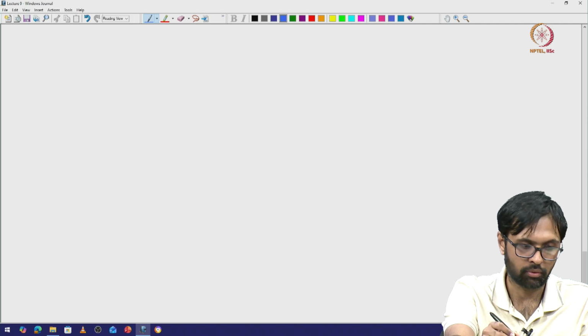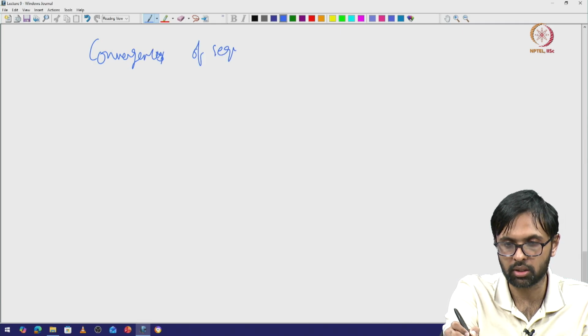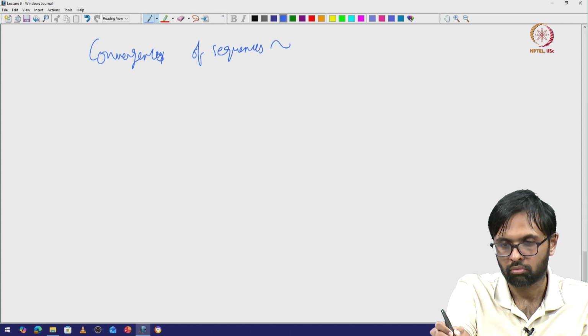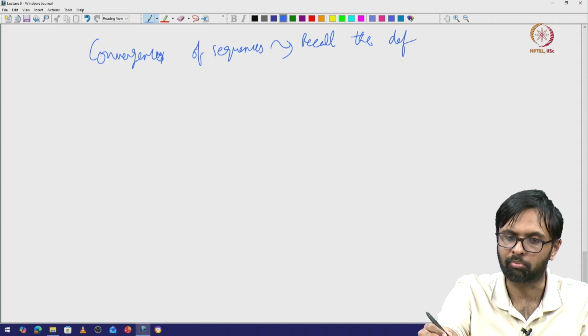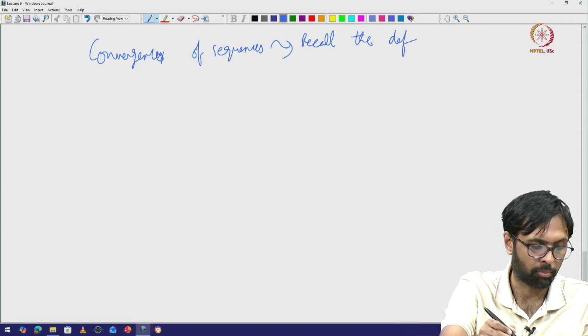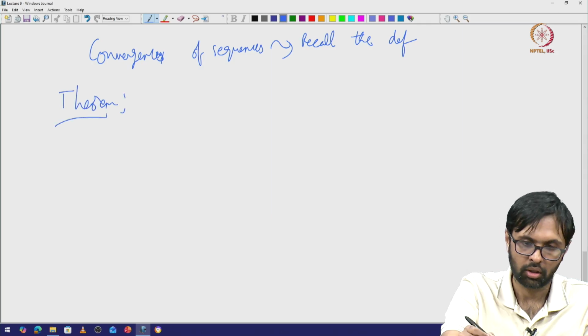So first of all, we define convergence of sequences in the usual way. Convergence of sequences, we have already done this. Recall the definition. We have already defined this in more than one variable. Now the theorem is as follows.